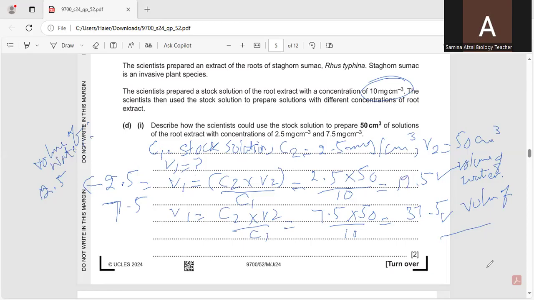For 2.5, we can make a table for this purpose. I think we should make a table over here, which will give us the proper results.